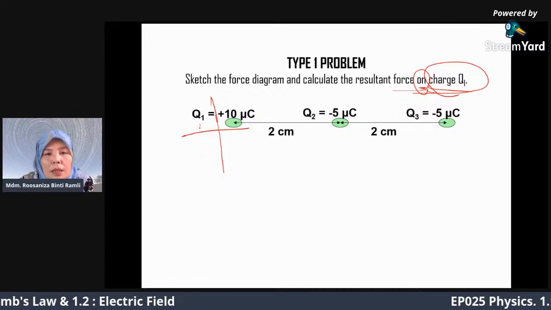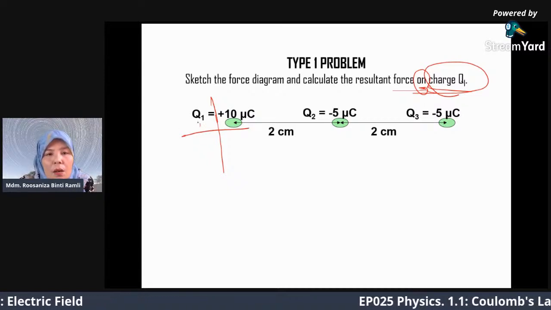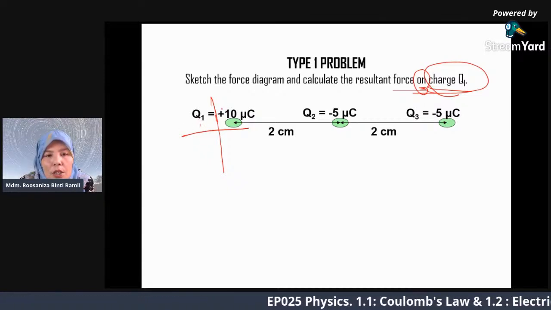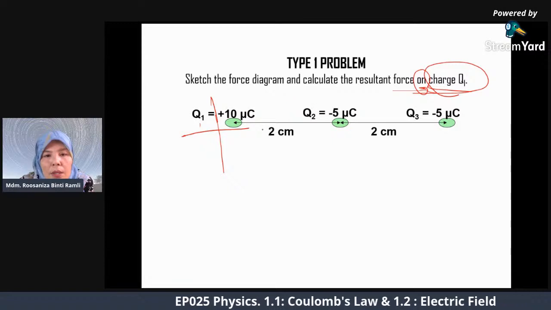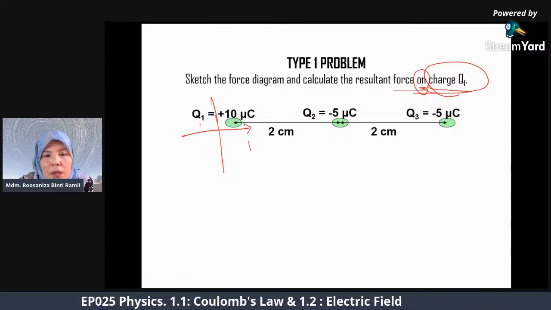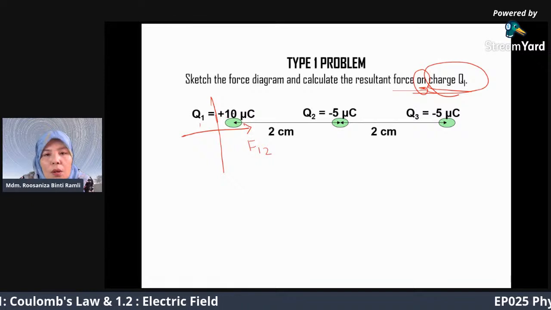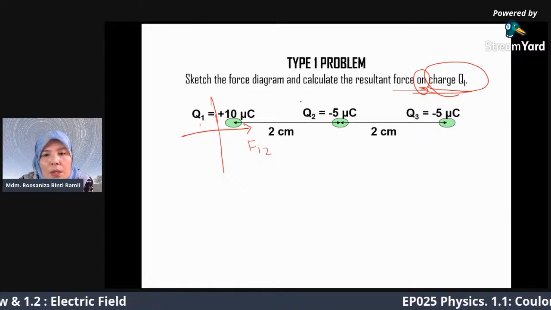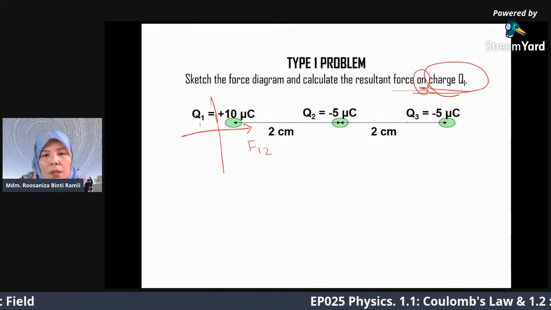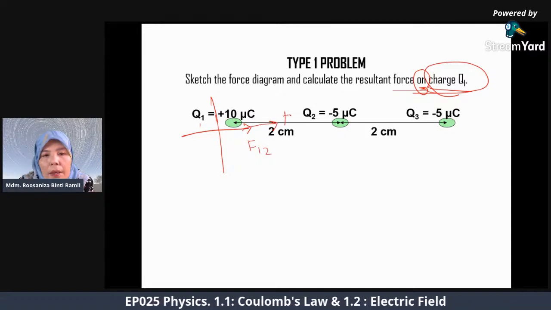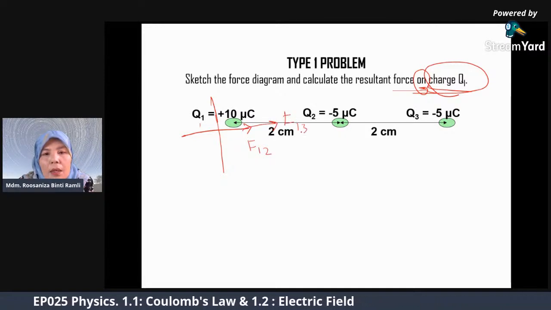You must see the sign of the charge. Q1 is positive charge and Q2 is negative charge, so the direction is to the right, F12. Q1 is positive and Q3 is negative, so the direction is to the right as well.